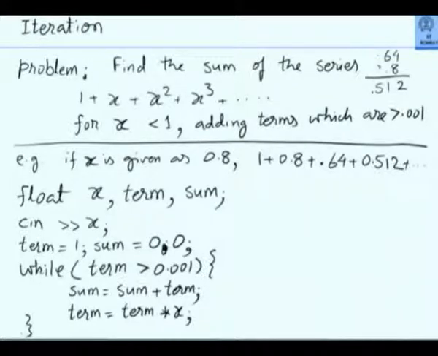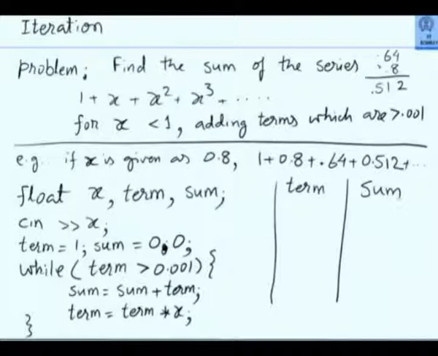If you have any doubt, you should always write values of term and sum and find out what will happen. So let's execute this algorithm. Let us assume that cin as input is given 0.8.